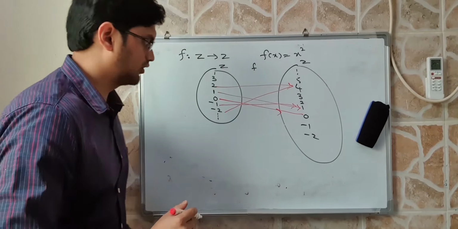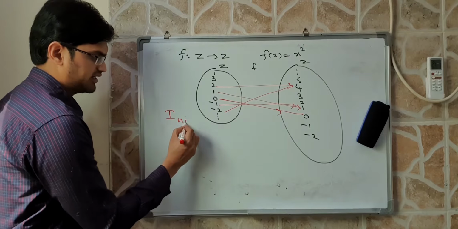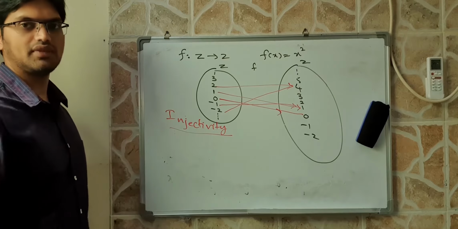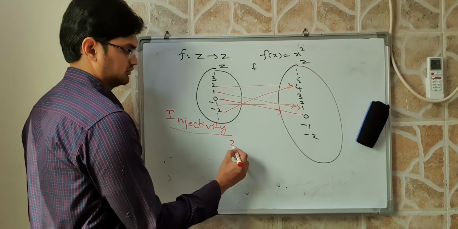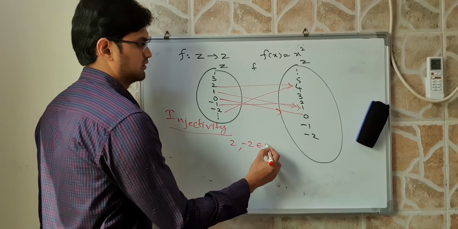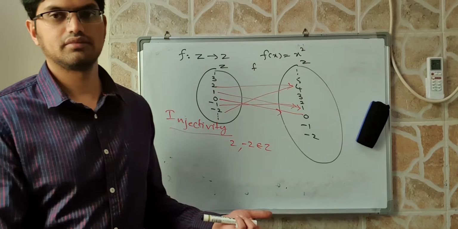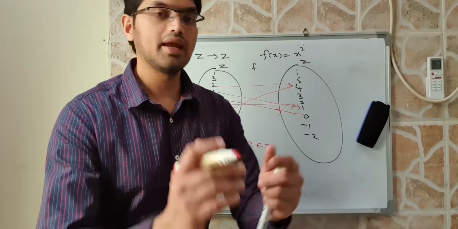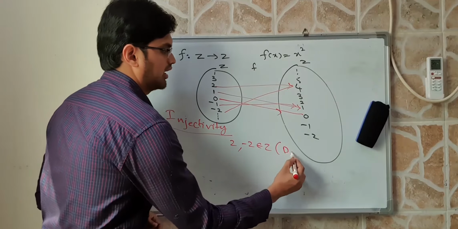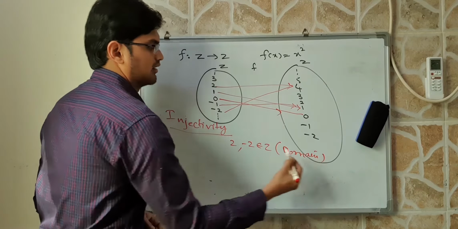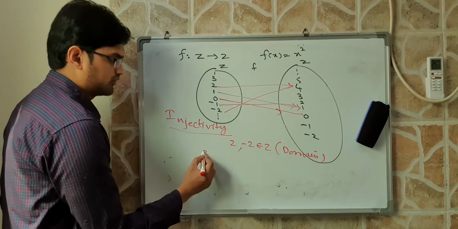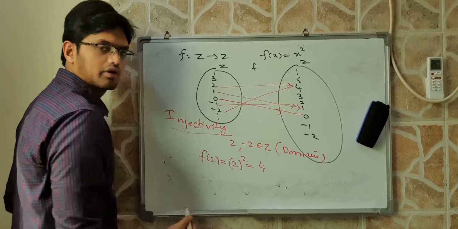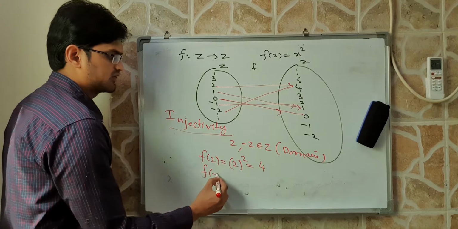So for injectivity, I'll select 2 and -2 belonging to Z. Simple. We are taking them from the domain. Now, what is f(2)? It is 2 square, which is equal to 4. What is f(-2)?